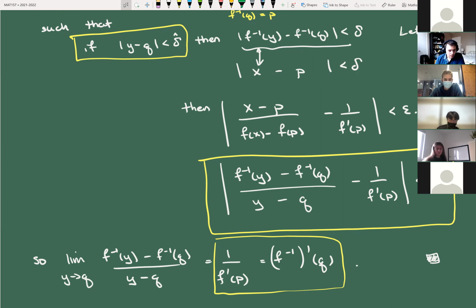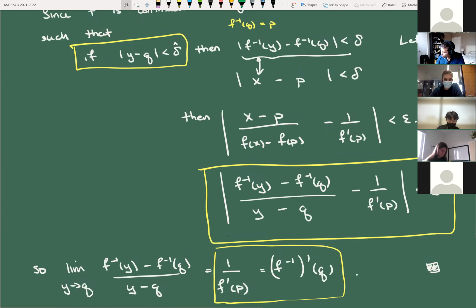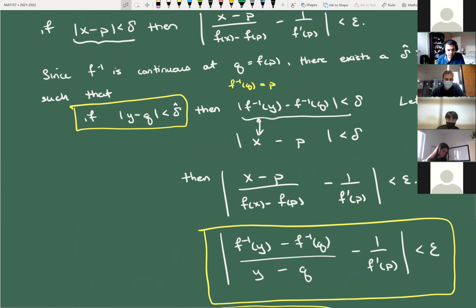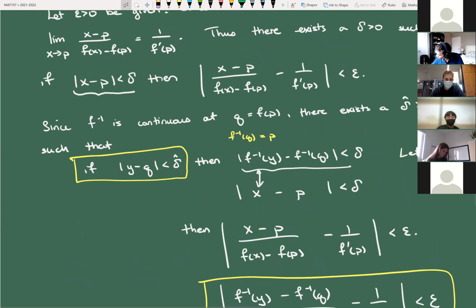Sure, yeah. So the question is, can you explain why f inverse of y minus f inverse of q is less than delta? Sure. So we know this fact right here. We know that f inverse is continuous at q.